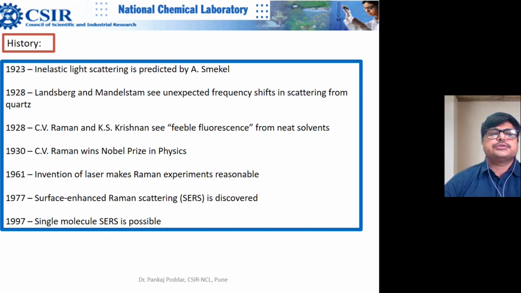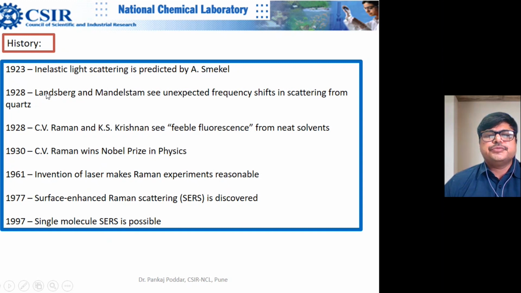But the prediction of inelastic light scattering goes back to 1923. It was predicted first by Smekal that photons, light, can get inelastically scattered. Of course, the concept of photons was involved, and quantum physics was still evolving at that stage.